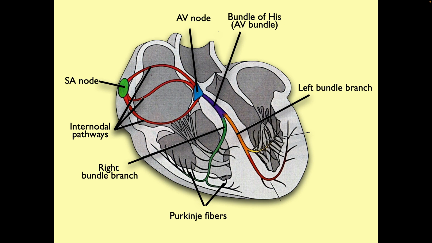To allow the relaxation of the atria and ventricles. Well, yes, to allow everything to catch up, to allow the systole of the atria, the blood to get down to the ventricles. The atria get depolarized, contract, waiting, then the ventricles get depolarized and contract.